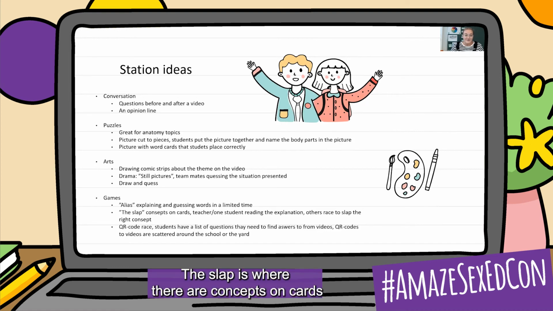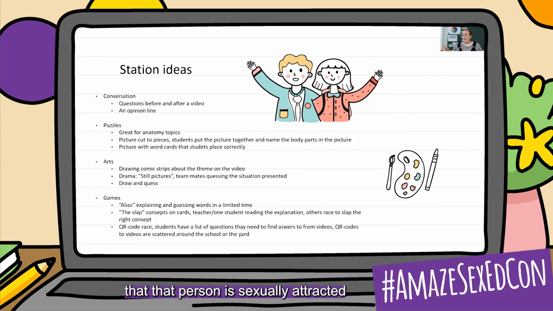The slap is where there are concepts on cards, and the students are sitting around the cards, and a student or the teacher is reading the explanation. Let's take the homosexuality one: the person is sexually attracted to people of the same gender.